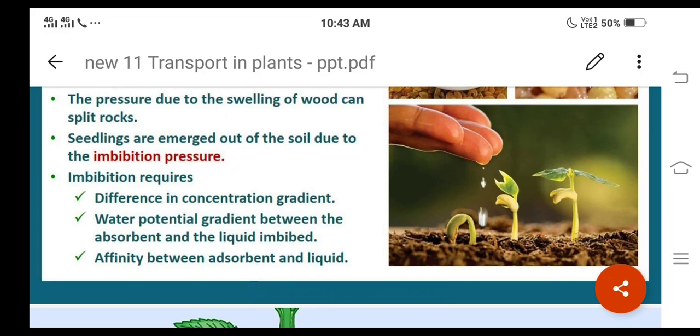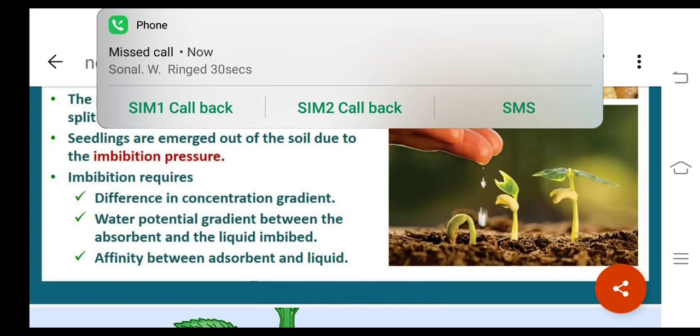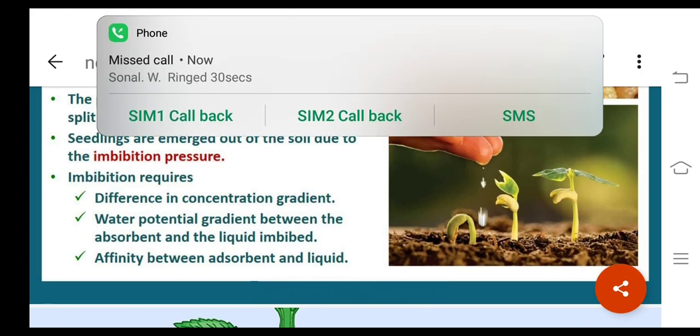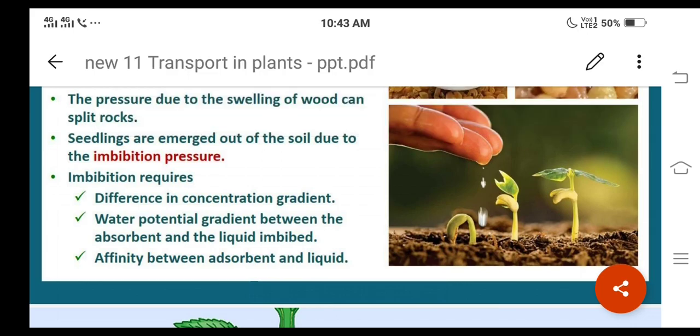Imbibant is different, imbibate is different, right? Imbibants are the seeds and wood. Imbibate is the liquid portion, normally water.